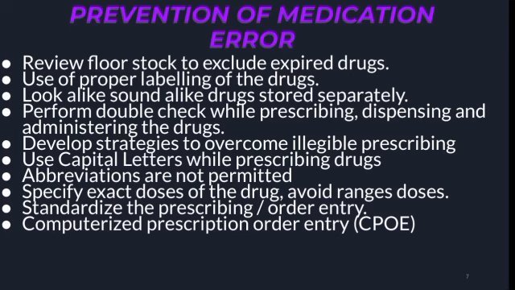They can easily check that, and if any dosage change, frequency change or drug change happens, there must be a strong reason. They can ask the prescriber why they changed the dose or the drug.